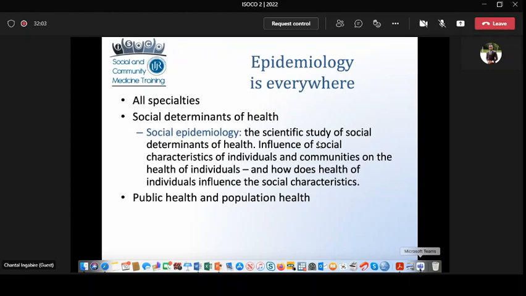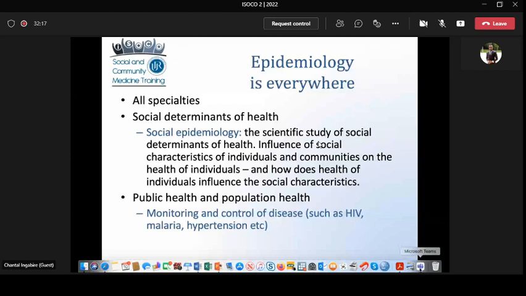So it's not only about having knowledge about a disease or a health-related issue, it's also about how we are going to use that knowledge in terms of monitoring and controlling those diseases, particularly communicable and non-communicable diseases, but also how to prevent those diseases in the first place and how to improve the health of individuals.